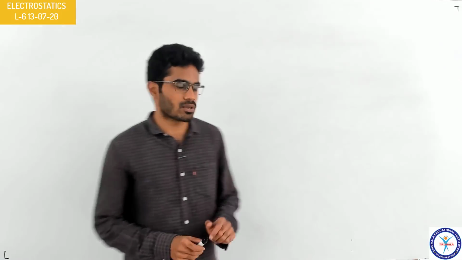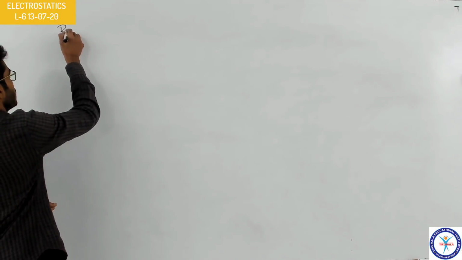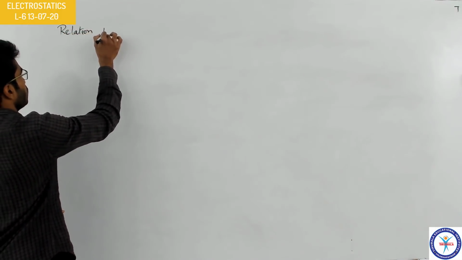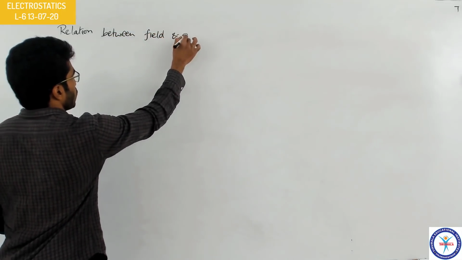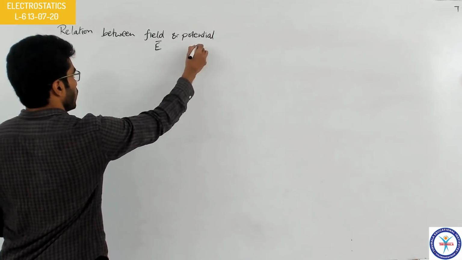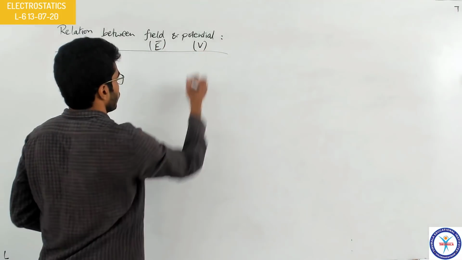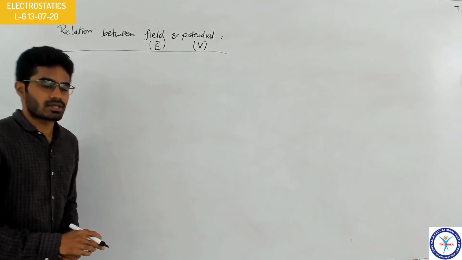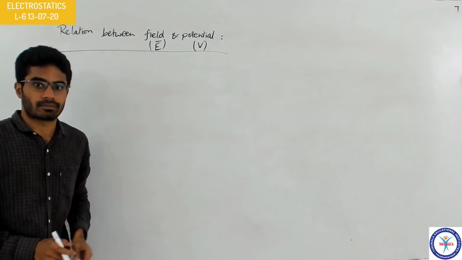The topic which we now discuss is very important. It's the relation between field and potential, E bar and V. So we now discuss the relation between a vector and a scalar, right?